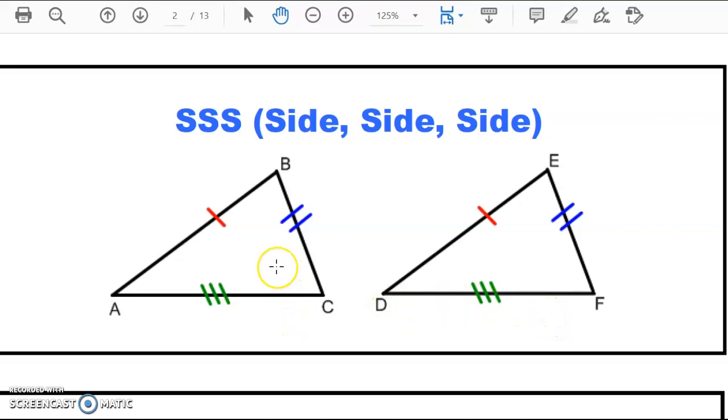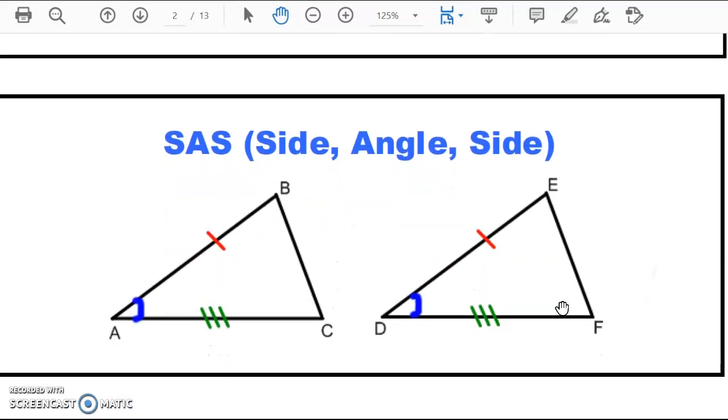So if you know that both triangles have three sets of congruent corresponding sides, then you know they are congruent by the SSS postulate, meaning side, side, side, all three sides matching up. That's one way to prove triangles congruent, if you have three sets of corresponding sides.